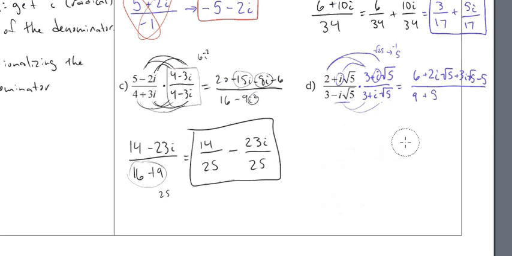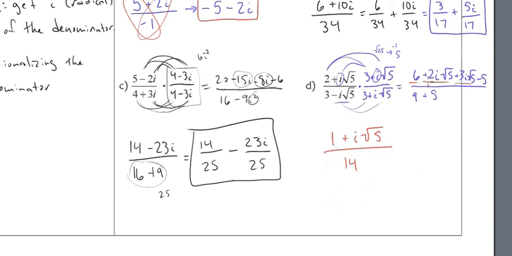Alright, combine our like terms and start working through simplifying this one. So we've got 6 minus 5, so 1. And 2i root 5 plus 3i root 5 is plus i root 5 over 14. And this should be, oh, actually I should have added there.